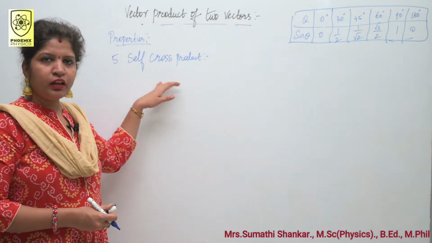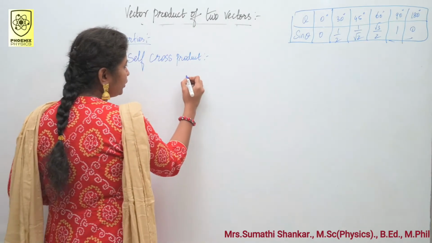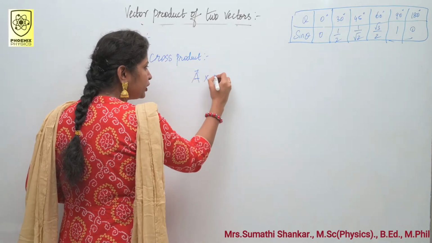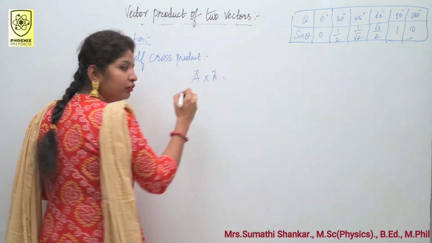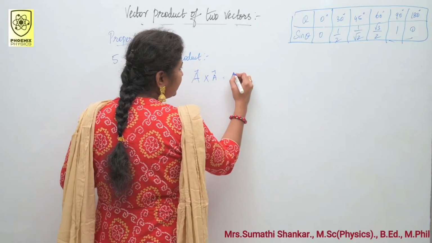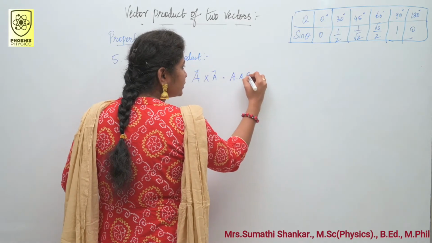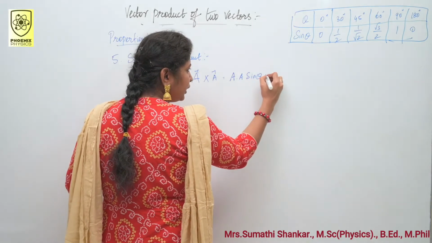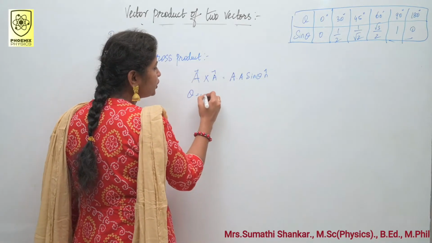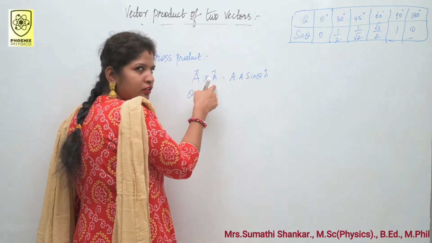Fifth property, self cross product. The product of a vector with itself will give a null vector. You know the formula, A dot A sine theta n cap. Self cross product means theta is equal to 0 degree because a product of a vector with itself.